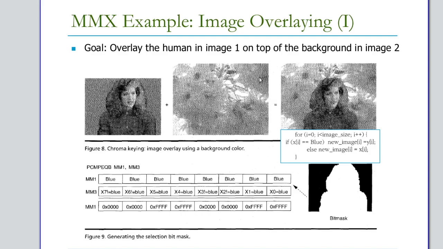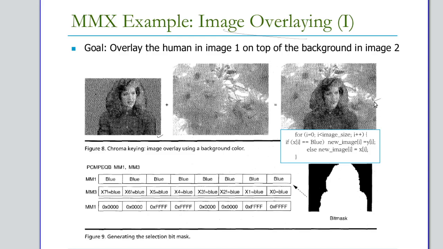Suppose one of the examples is image overlaying. In this case, you can see one lady is there in this image with a blue background. You cannot see the blue, but understand that there is a blue background for this lady, and there is another image. So we want to move this lady image on top of this particular image.